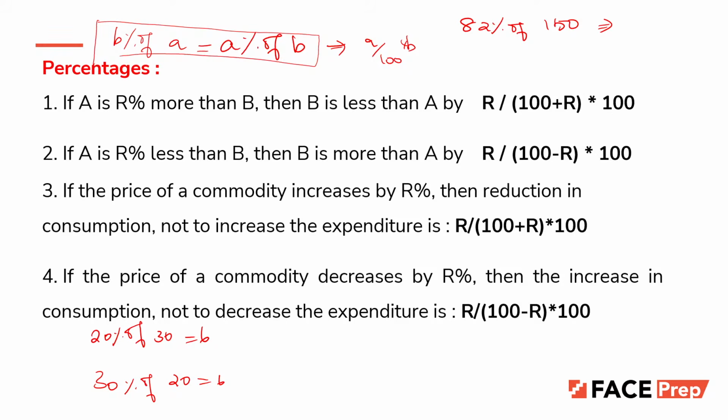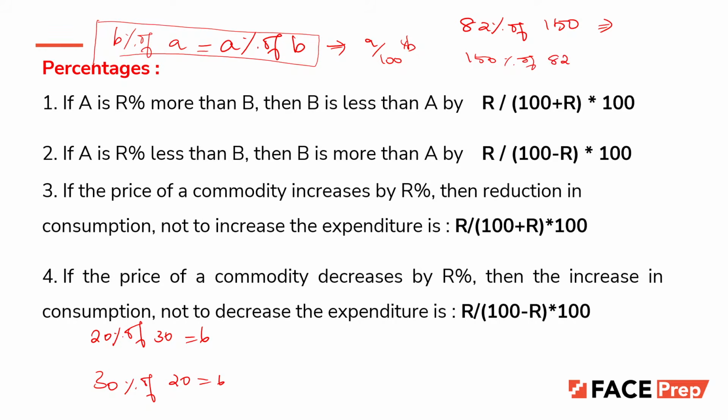Yes, so just solve that. 82 percentage of 150 you may take as 123. Now I can even swap the data: 150 percentage of 82, and I'll get the same answer, 123.